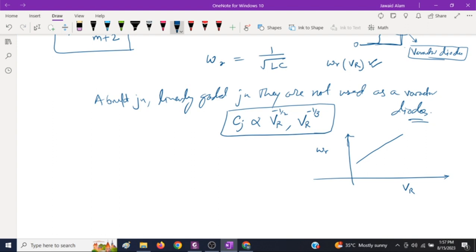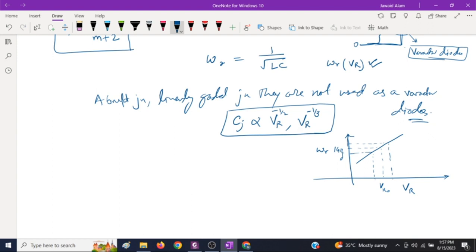If at VR naught we have a resonant frequency of, let's say, 1 gigahertz or 100 megahertz, then after a slight change, VR plus some delta, we will have this frequency. So that will be clearly predefined, and calibrations are very easy.